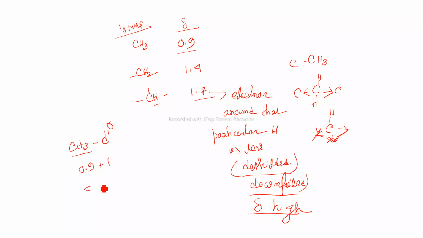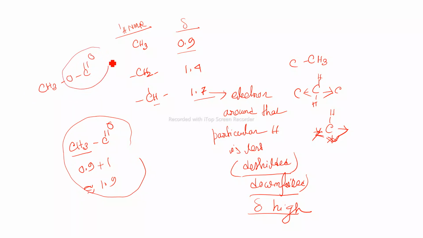So the value should be 1.99 approximately. And this type of table helps you calculate many things. Let's say if you have CH3 attached to a group with a value around 3, then it is 0.9 plus 3, so it should be 3.99.